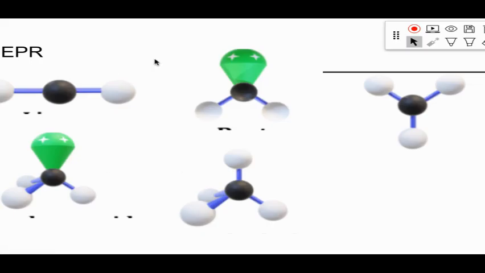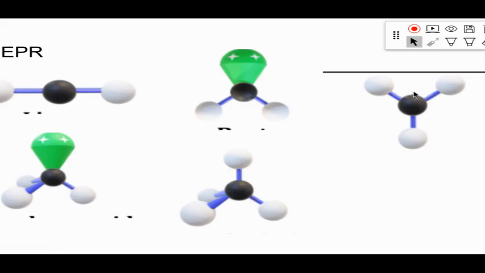AP expects you to know these 5 and more. These 5 are the most common. The more is rarely tested, but we're going to focus more on the common ones. So the black molecules is representing your central atom. The white molecules or atoms are representing your peripheral, the outside. The purples representing bonds.